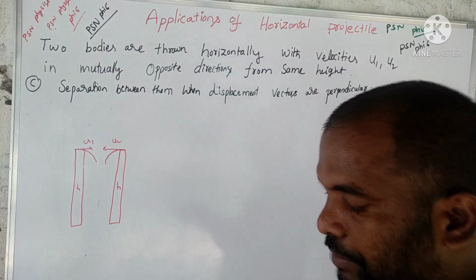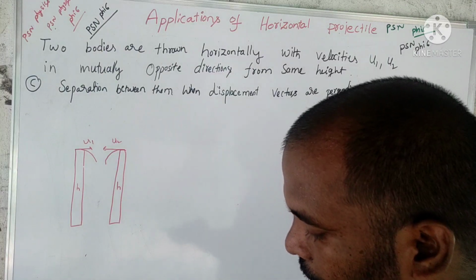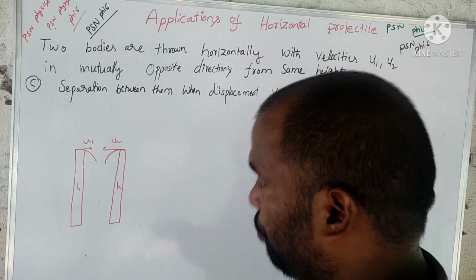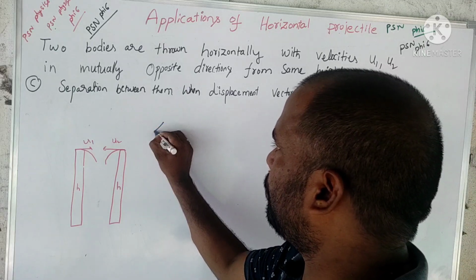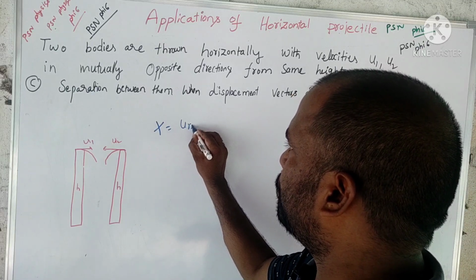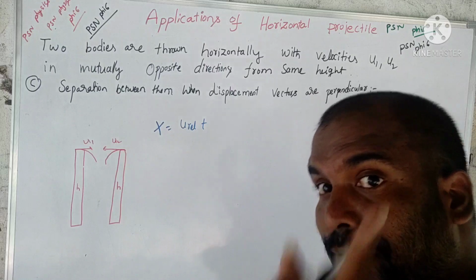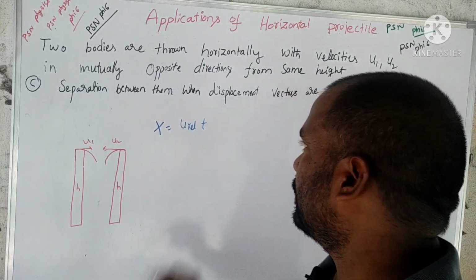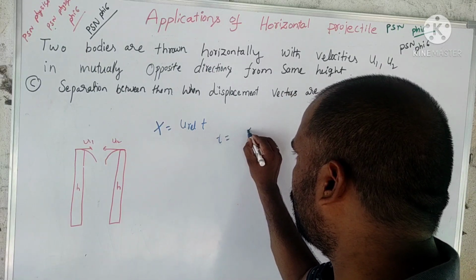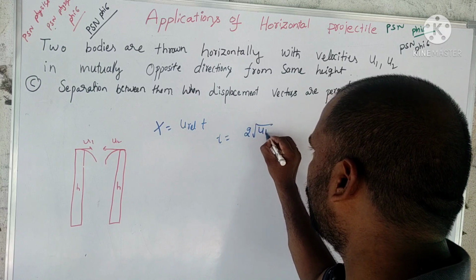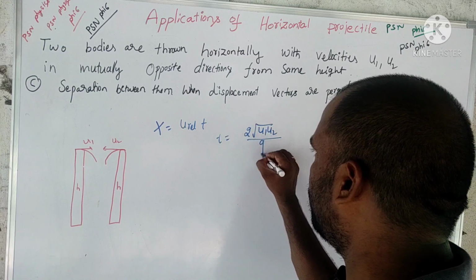Continuation. Separation between them when displacement vectors are perpendicular. Here also we have displacement vectors perpendicular. x is equal to u relative into t. For displacement vectors perpendicular, the time we know: t is equal to 2 root u1 u2 by g.